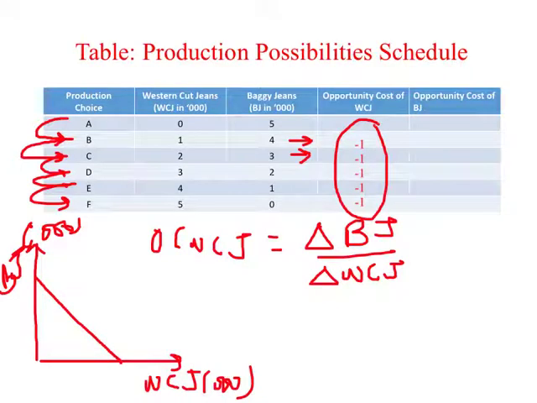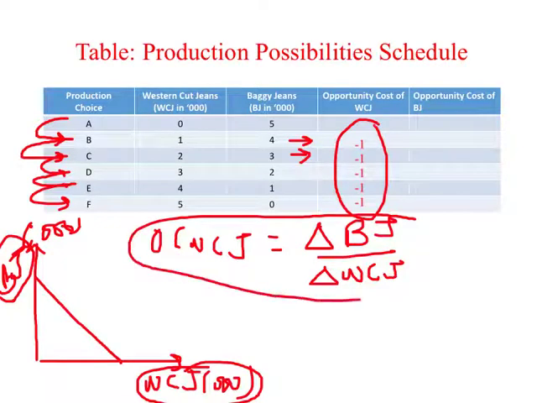And what you find is the following. On the y-axis we have baggy jeans, and on the x-axis we have Western cut jeans. In other words, this is simply change in y divided by change in x.